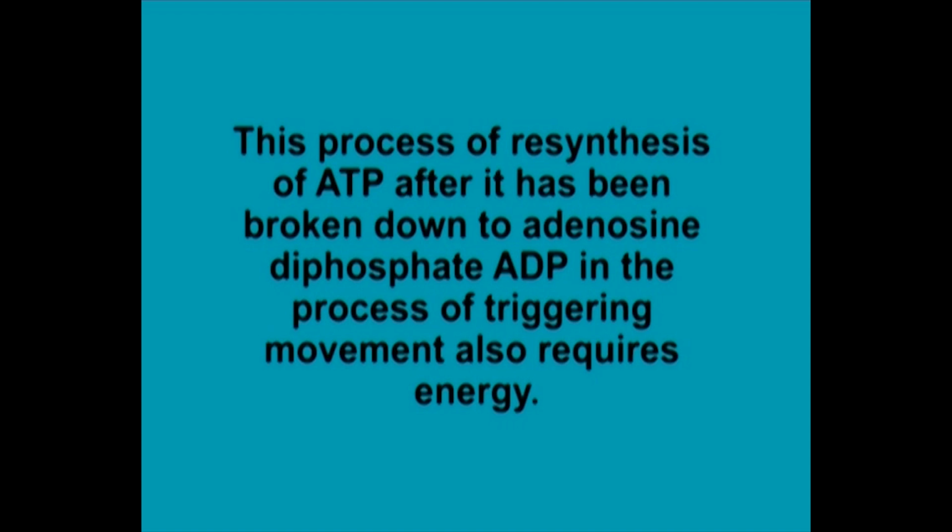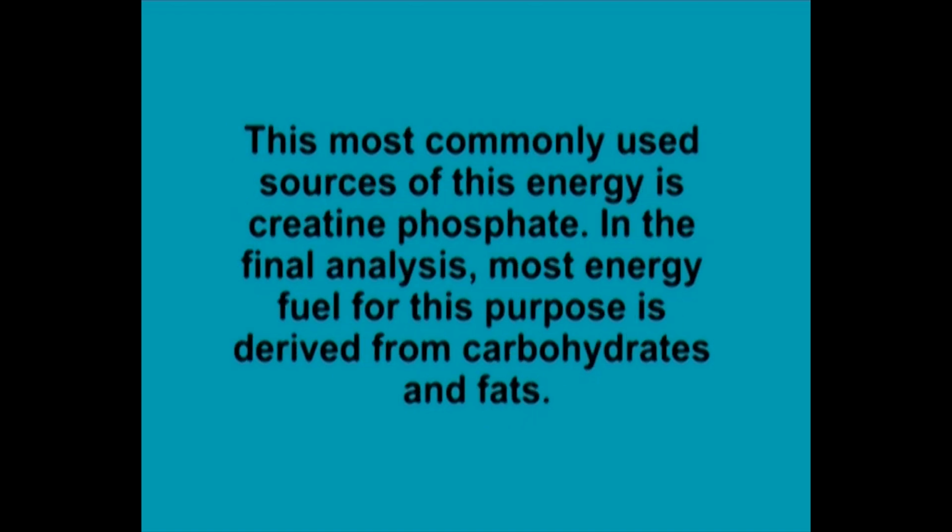This process of resynthesis of ATP after it has been broken down to adenosine diphosphate, that is ADP, in the process of triggering movement also requires energy. The most commonly used source of this energy is creatine phosphate.